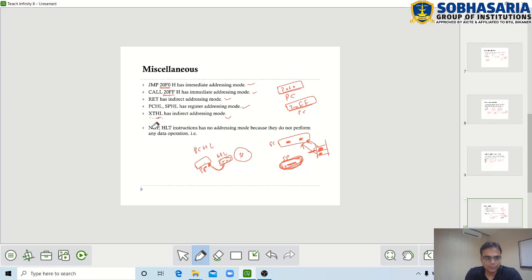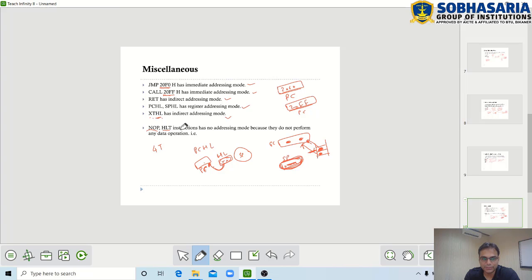There are 2 instructions. NOP is a no operation which consumes 4 T states, and HLT is an instruction which stops the execution, which does not consume any particular specified T states.